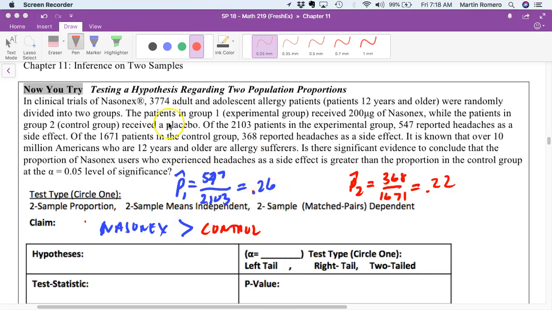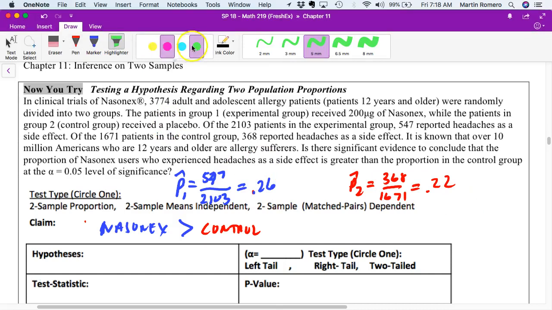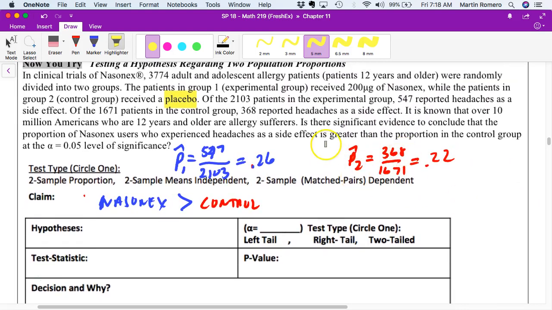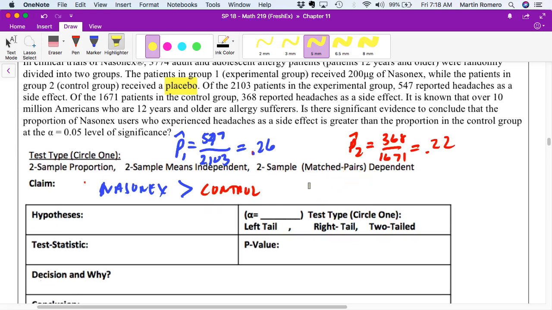The control group got a placebo, just so if you never heard that word, a fake pill, like a water pill or salt pill, something that doesn't affect them. And 22% of them got headaches. We want to test the claim: is there significant evidence to conclude that the Nasonex users had more headaches than the control group?